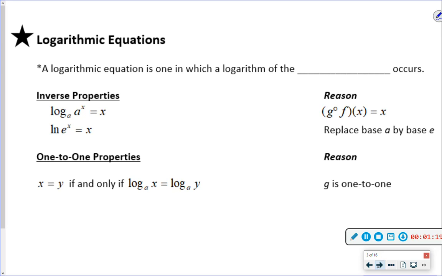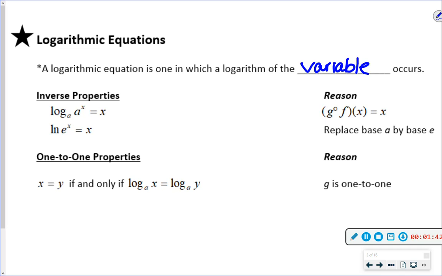Okay, so logarithm equation. This should look kind of similar to yesterday. Obviously, I just switched around from exponentials to logarithms. A logarithm equation is one in which the logarithm of the variable occurs. So you're going to have log of x plus 7, log of x minus 8, whatever.